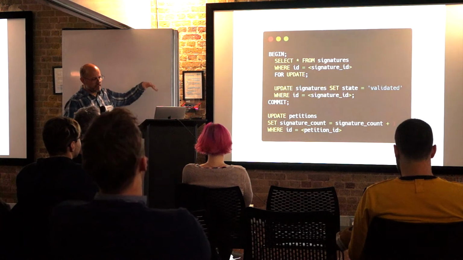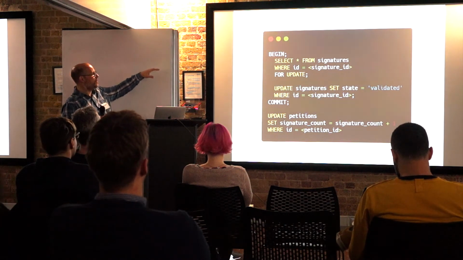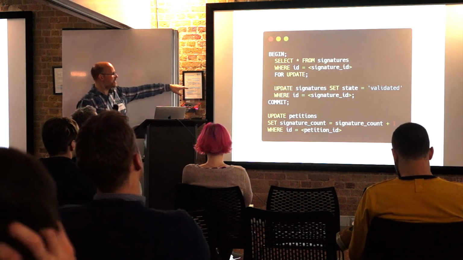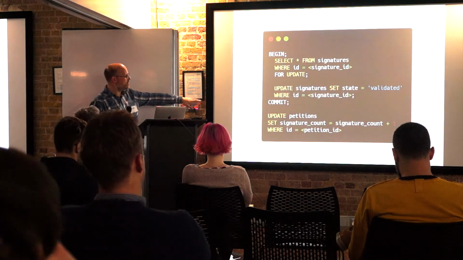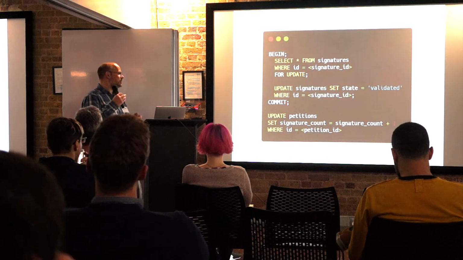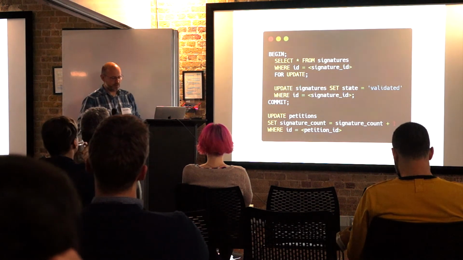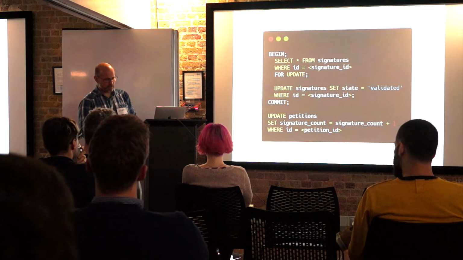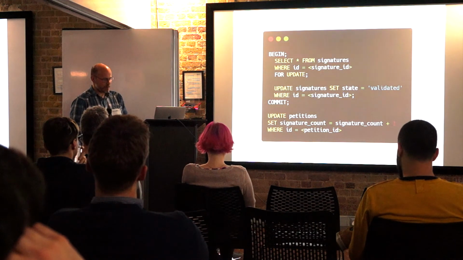What I mean by breaking ACID compliance is that it's possible for the signature to become validated and the web process to fail without incrementing the signature count, so the signature count can get out of sync. So we introduced a nightly background job to keep track of invalid signature counts and then update them if they were out of sync, which very rarely happened actually.